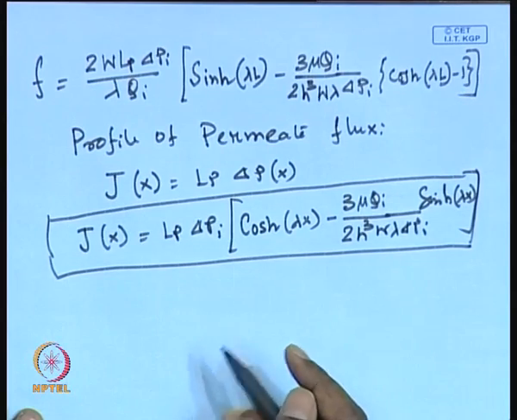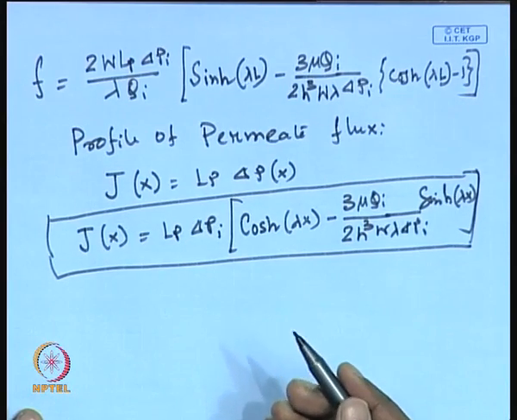Now one can get the expression of how the cross flow velocity varies as a function of x.